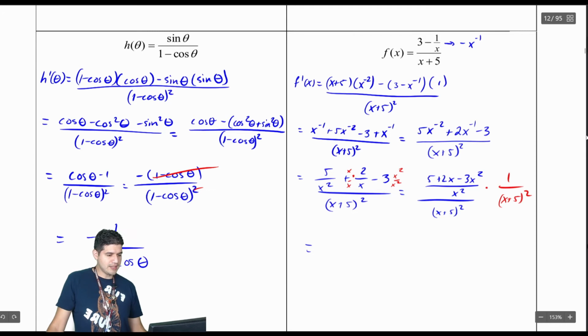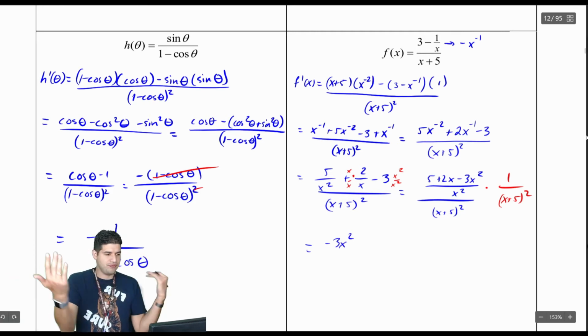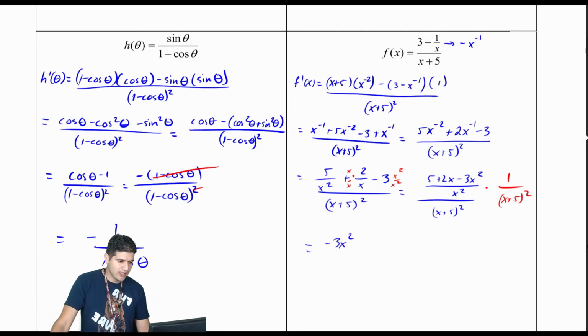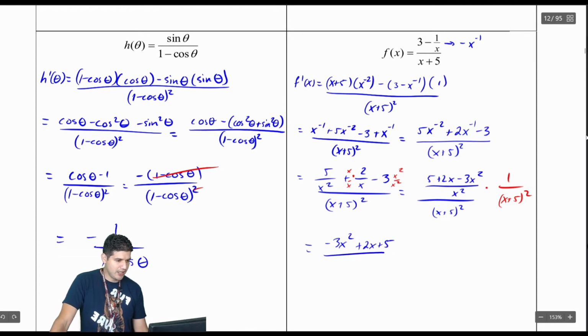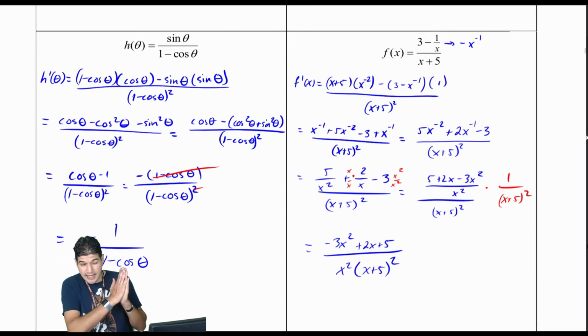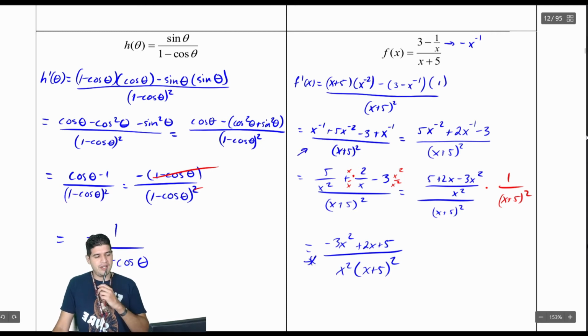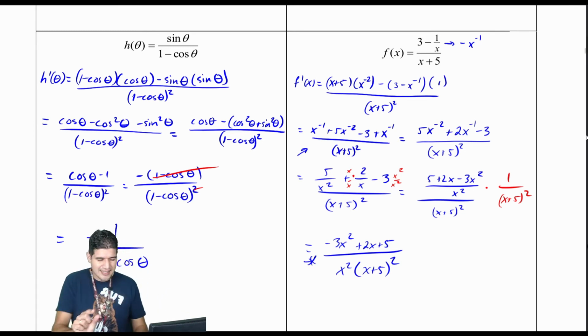All right, so I'm going to get this out, and that's going to be, let me see, negative 3x squared, because now all my terms flipped around. So negative 3x squared plus 2x plus 5. And then my denominator, I'm going to multiply those out, and I'm going to get x squared times x plus 5 squared. And I think, just looking at it, this right here looks a little bit better than what was up there. All right, just a teeny tiny bit.